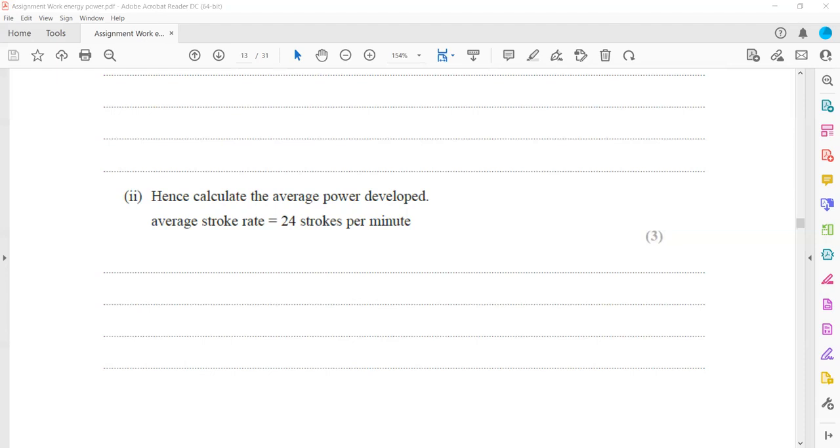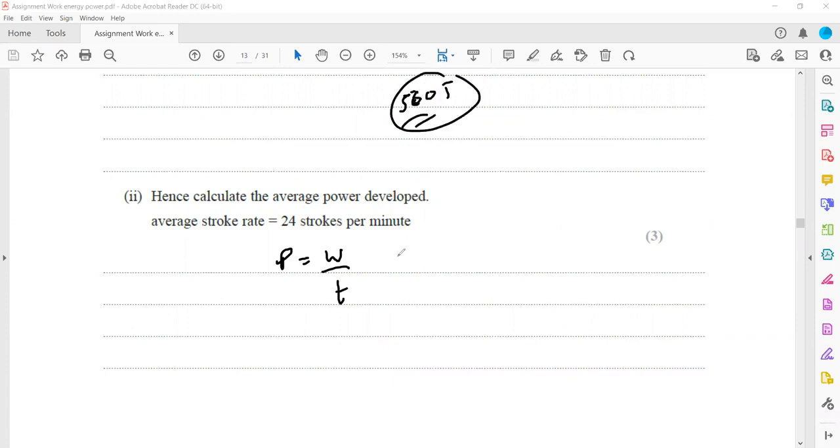Now, first we'll calculate, and time should always be in seconds. So for each stroke, because we need average power, one power is work or total energy which is used, because that area which we calculated, like for example, our answer was 560 or 540.